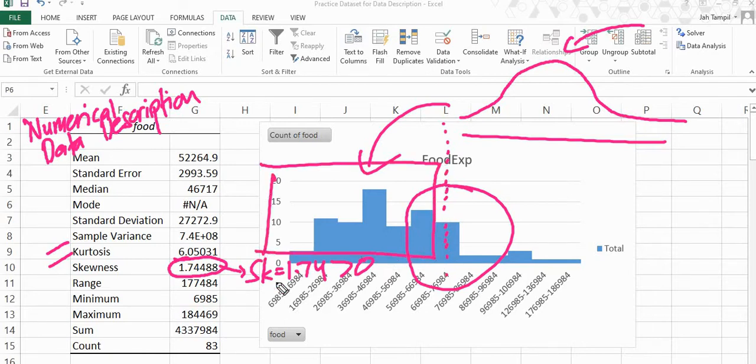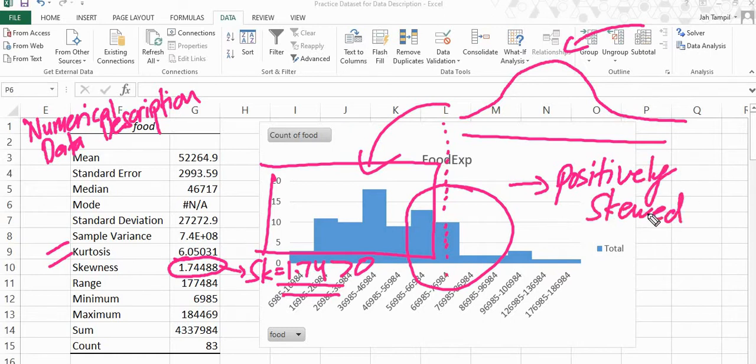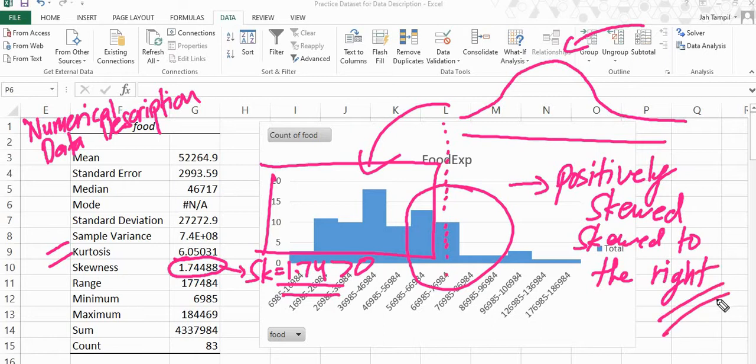So therefore, consistent with our skewness value, we can say that this distribution is positively skewed. Or another way of saying it, skewed to the right. And that's how we do skewness.